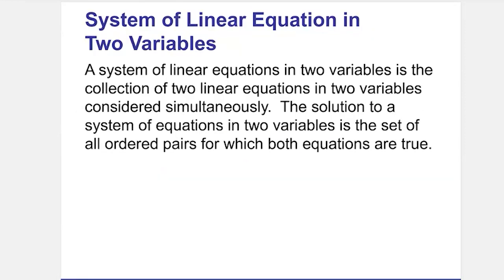Systems of linear equations in two variables. So a system of linear equations in two variables is the collection of two linear equations in two variables considered simultaneously. Well, let's say what that means. So let's say we have an x and a y. Then we have two different equations. If you want to solve for x and y, you have to have at least the same number of equations as variables.